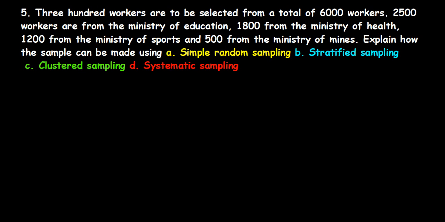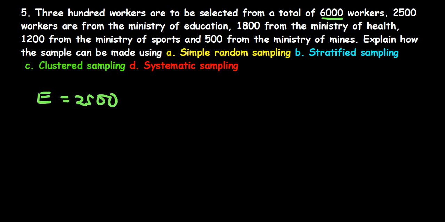In the clustered method, we also divide the population into clusters. Clusters are just groups. So we're going to divide these total 6000 workers into groups. On this data here, we already have the groups, so we are just going to say Ministry of Education, we have 2500.